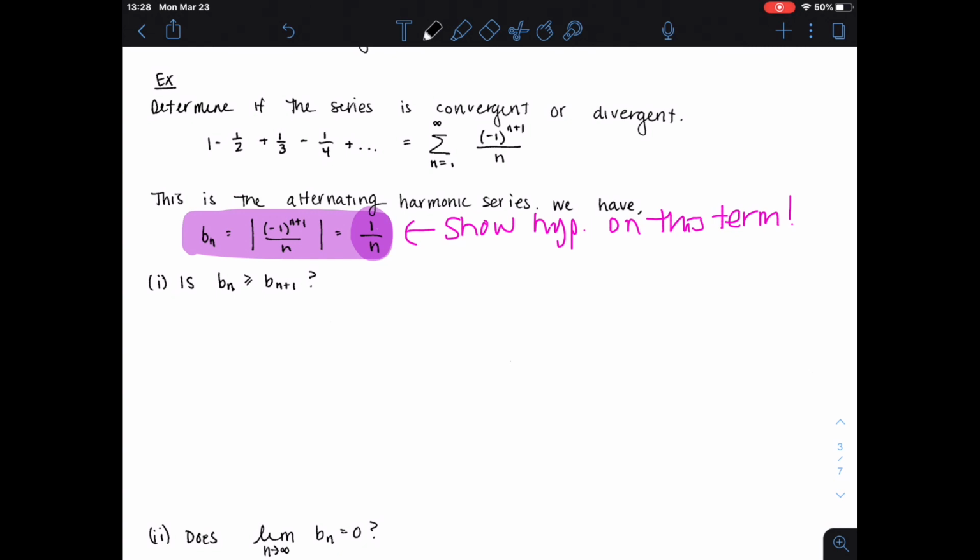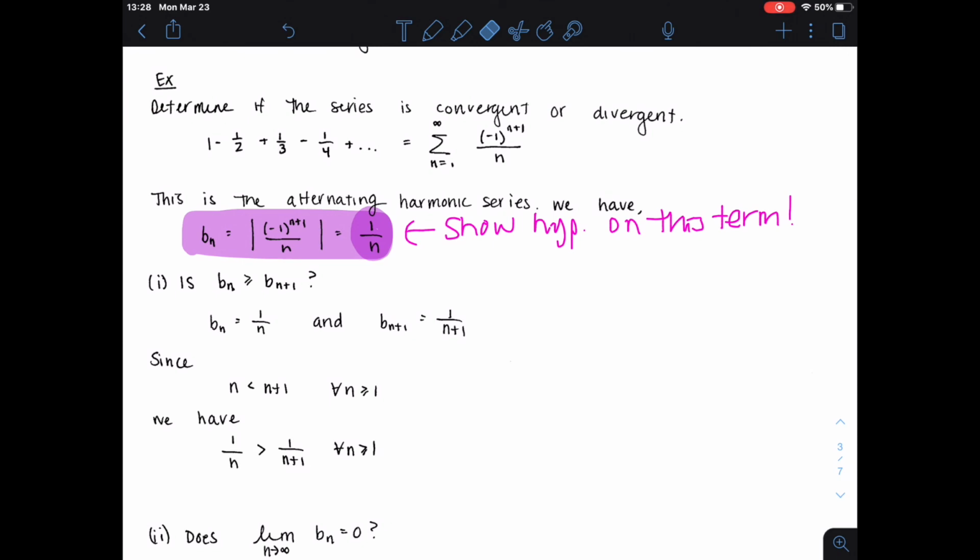So let's look at our terms. So Bn is 1 over n, and if you look at the next term, it's 1 over n plus 1. So if you compare the bottoms, n is less than n plus 1. That's true for all values of n.